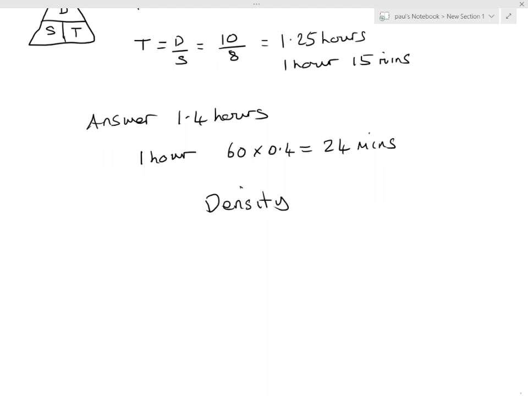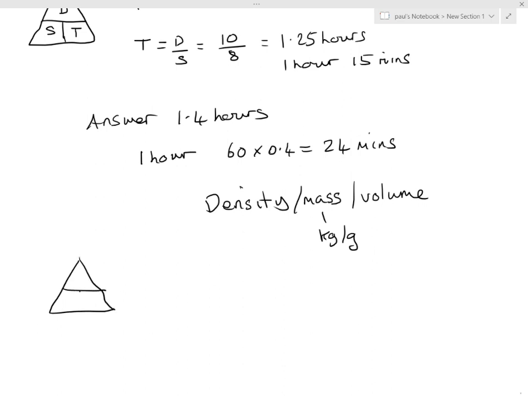Now density is to do with mass and volume. Mass in density questions is usually just kilograms or grams. We're not worried about it, it's just weight really. So we need another little triangle here to calculate.